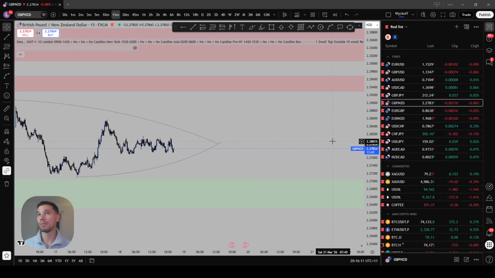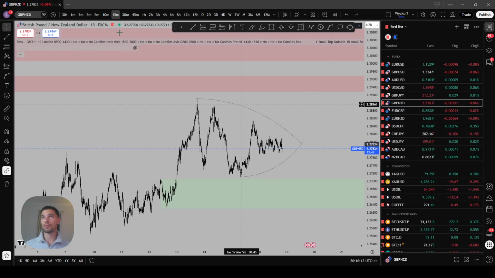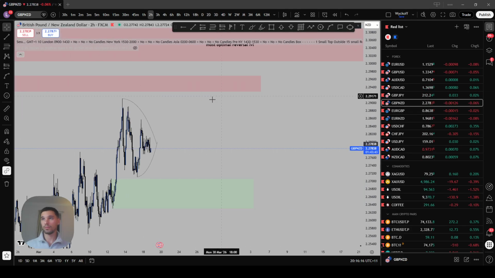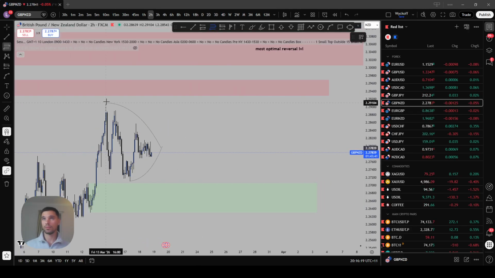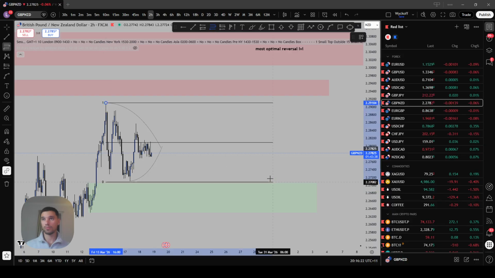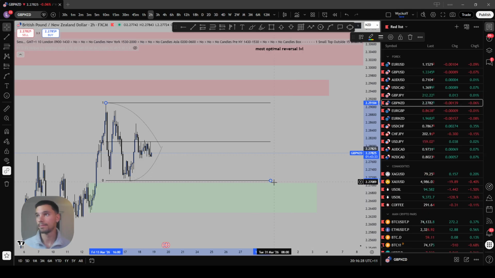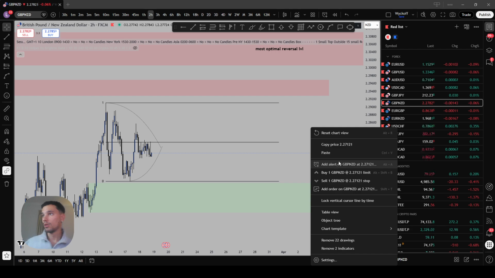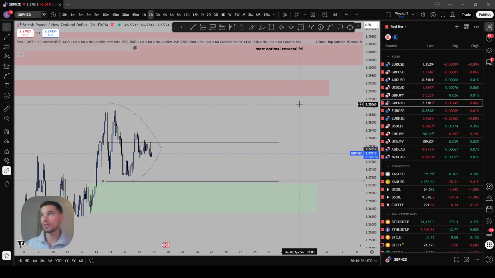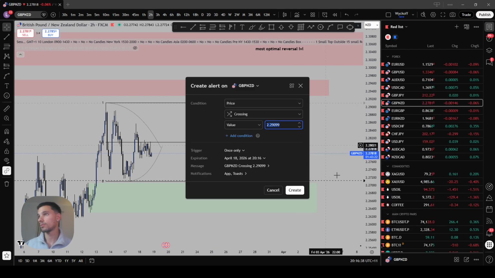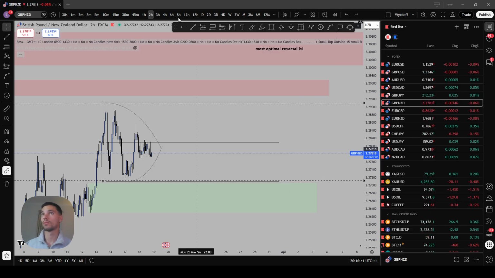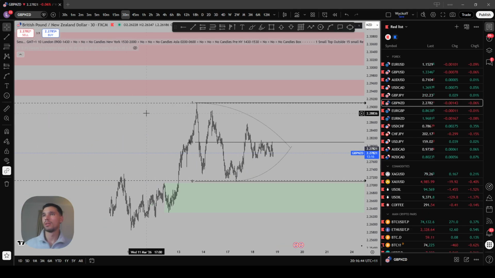If anything, you can kind of label this as a ranging environment. I will set my alerts to see which way price decides to go. And yeah, in terms of GBP NZD, that's kind of it at the moment.